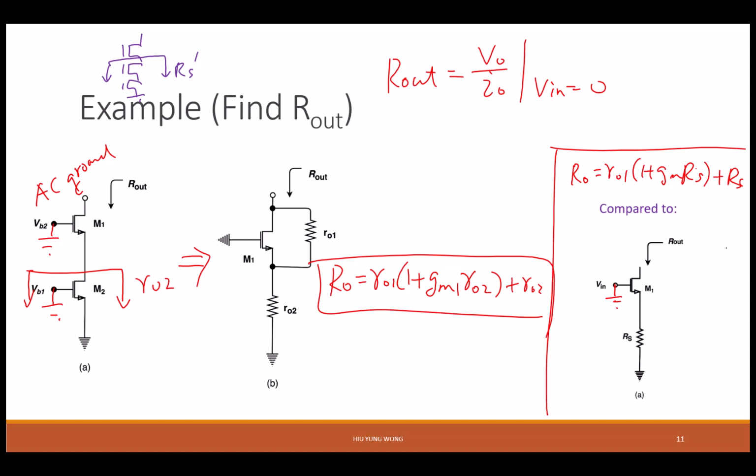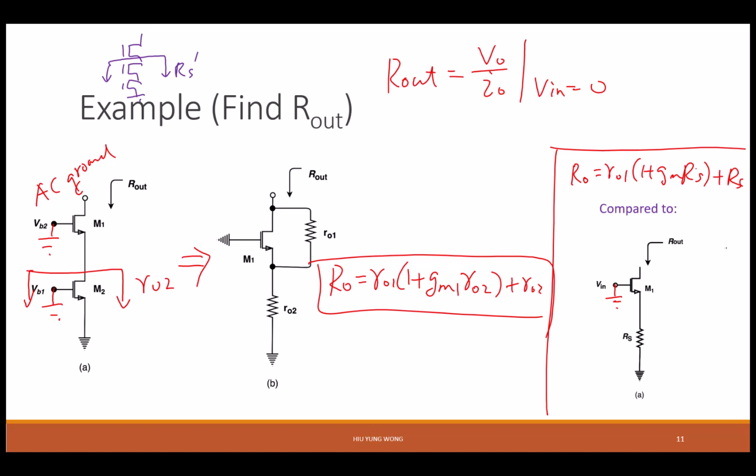R out again is V out divided by I out when the input is 0. This is a very critical point because you still worry at the time because you say, this is V in, this is VB, this is not V in. However, when I try to find the R out, I need to ground this.